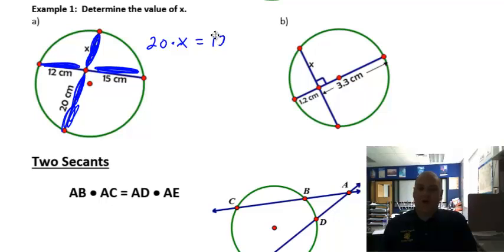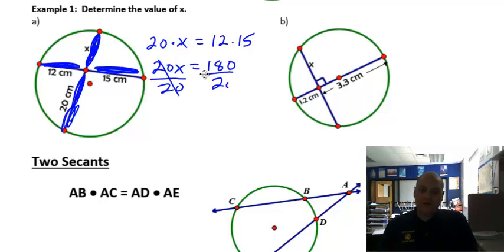So equals 12 times 15. You just got to know the relationship. All right, so 20x equals 180, and then divide by 20, and x equals 9. Just solve it out. Pretty simple.